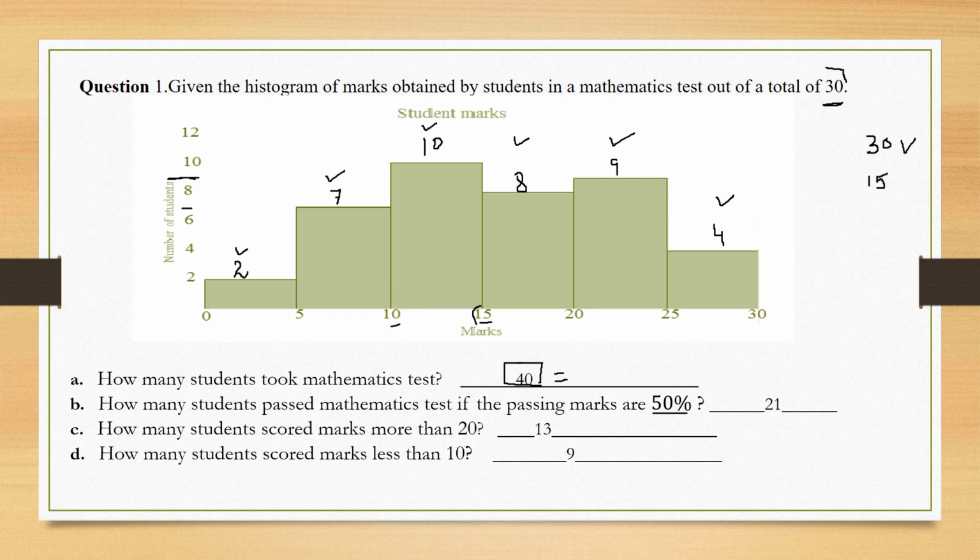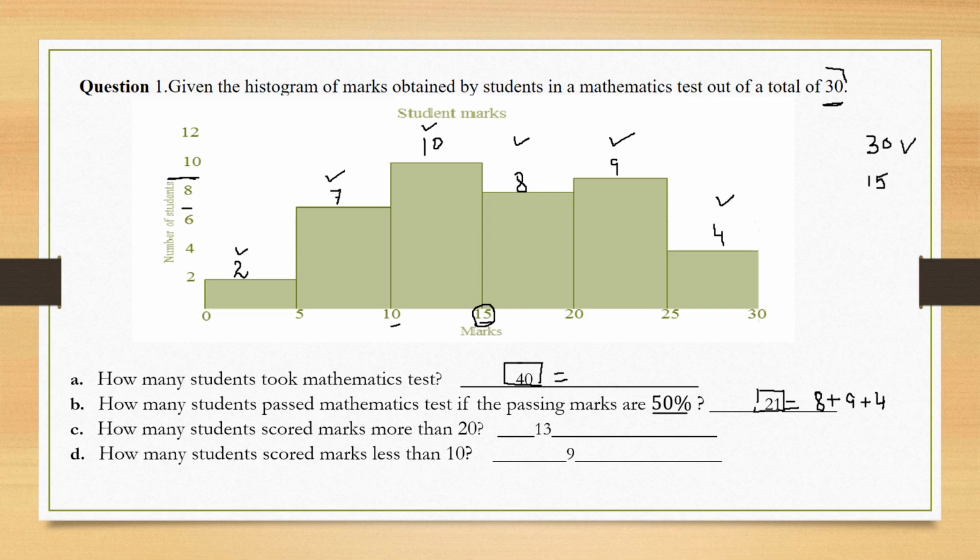How many students have 15 or more than 15 marks? We have 8 plus 9 plus 4. So 8 plus 9 is 17, 17 plus 4 is equal to 21.